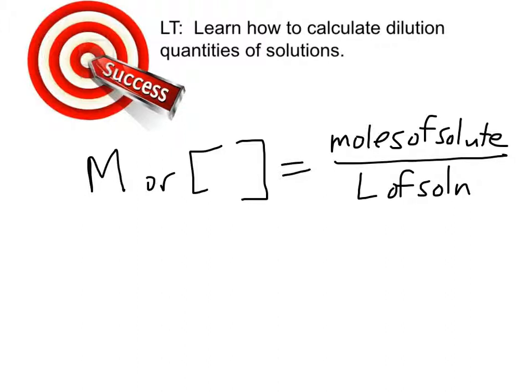While we're doing labs throughout the year, there are a lot of different concentrations of solutions that we need. For example, concentrated hydrochloric acid is 12.1 molar, but we usually use solutions ranging between 0.1 and 5 molar hydrochloric acid.